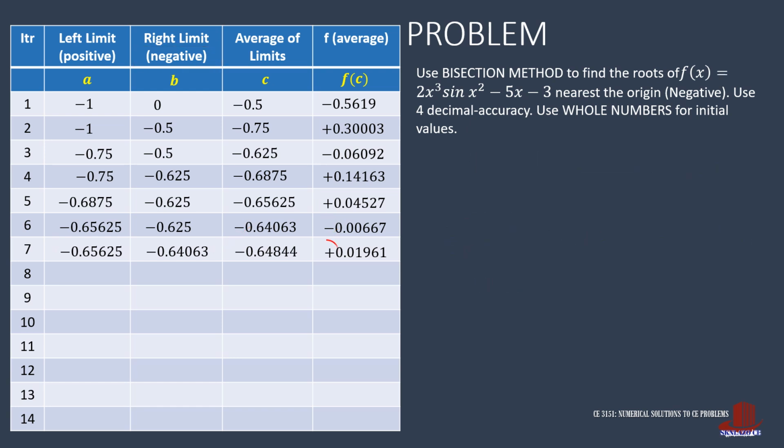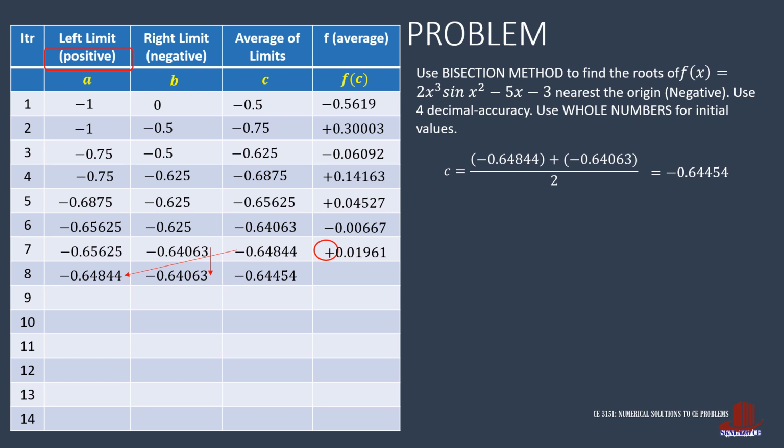Iterate further. Having positive 0.01961, c replaces a, while b still remains at negative 0.64063. The third column then is half of the first and second, which results to negative 0.64454.